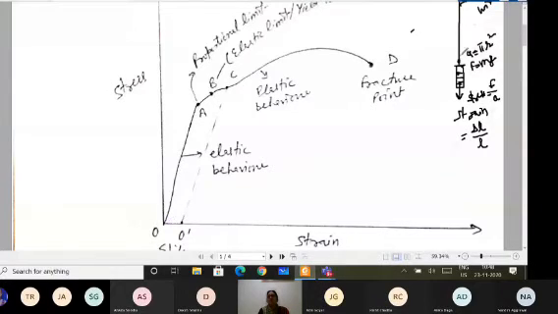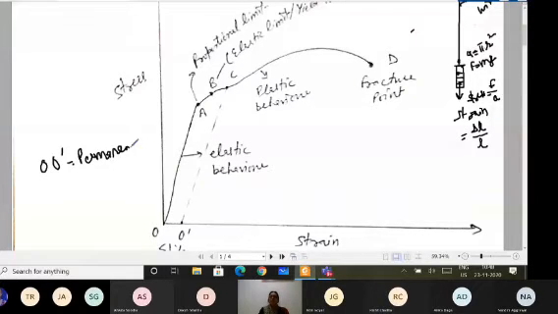Suppose initially I had taken a length of 1 meter, then the length can become 1.001 meter. It means there will be a permanent increase in the length of the wire, and this OO dash we call the permanent set. It means we are not able to regain the original configuration. So this is the permanent set.